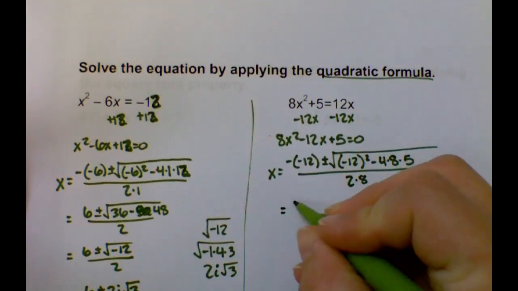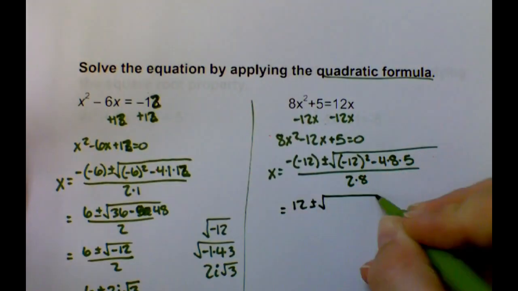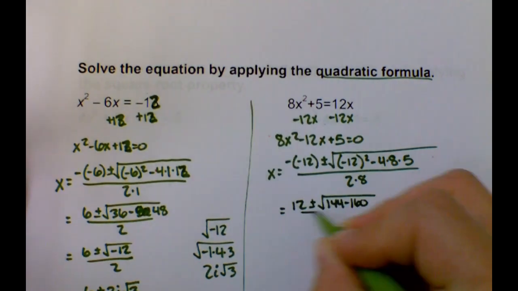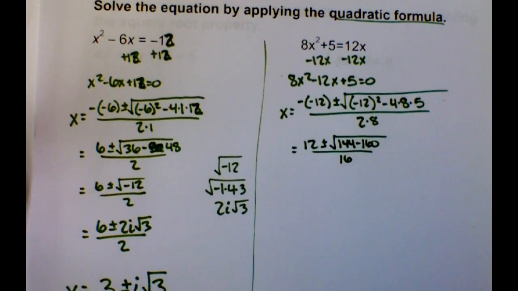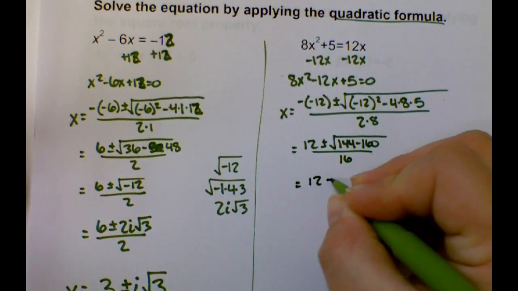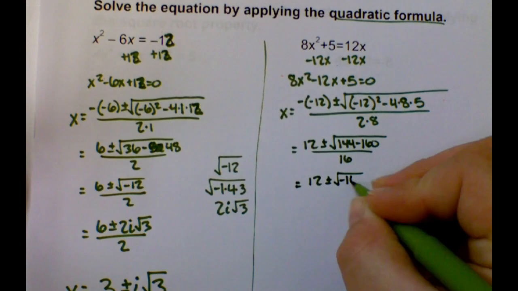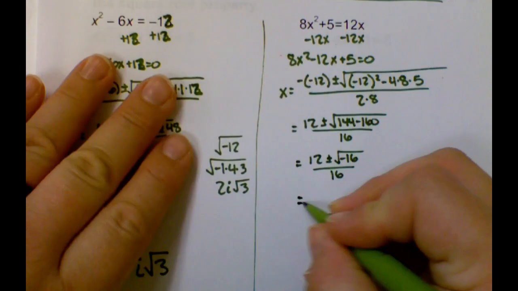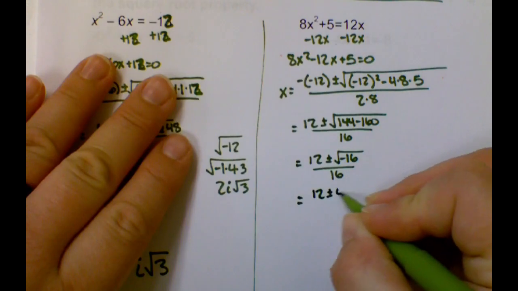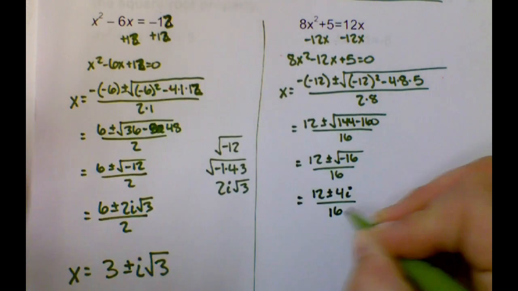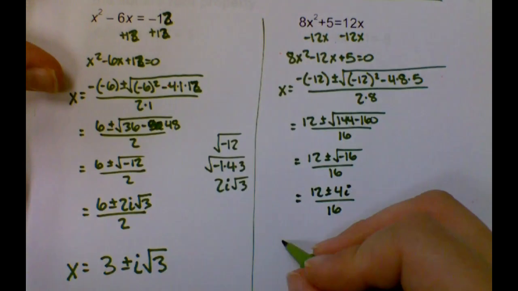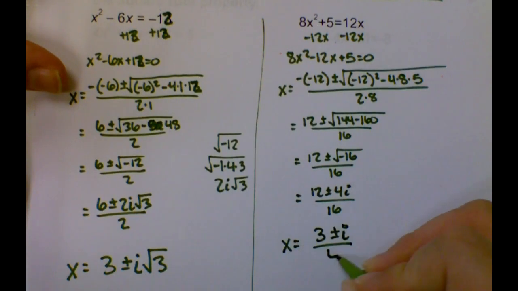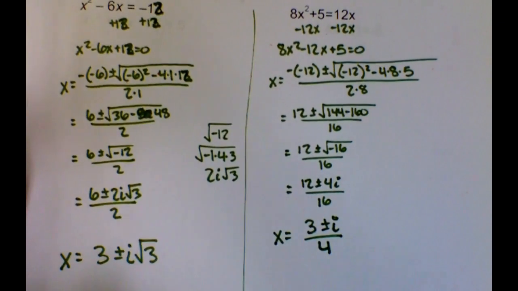To simplify, I get positive 12 plus or minus the square root of 144 minus 160 all over 16, which is 12 plus or minus the square root of negative 16 all over 16. The square root of negative 16 is 4i. Now I can divide everything by 4, which gives me x equals 3 plus or minus i over 4 as my 2 solutions.